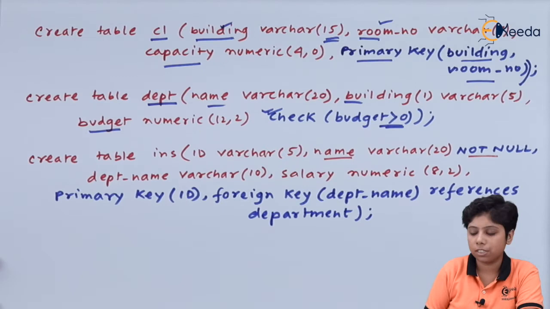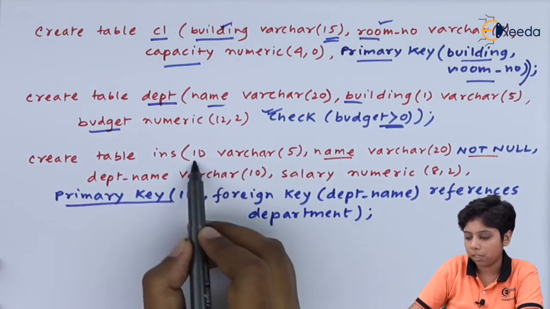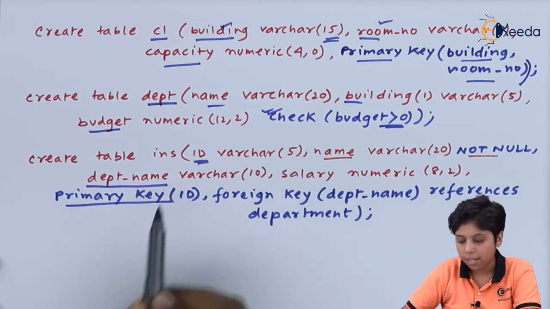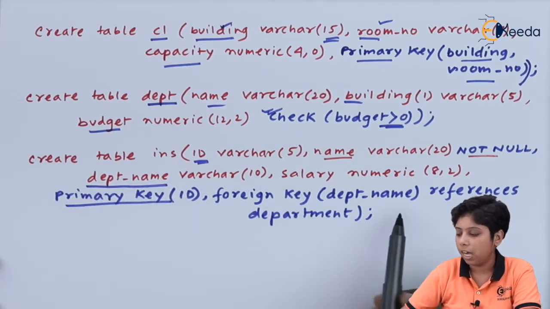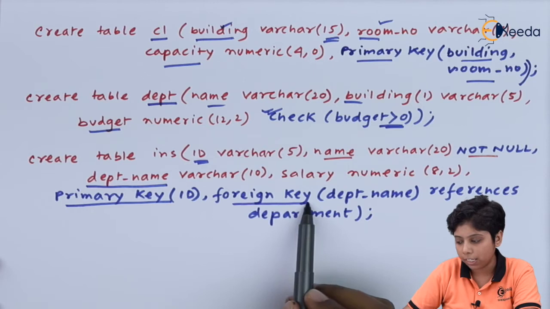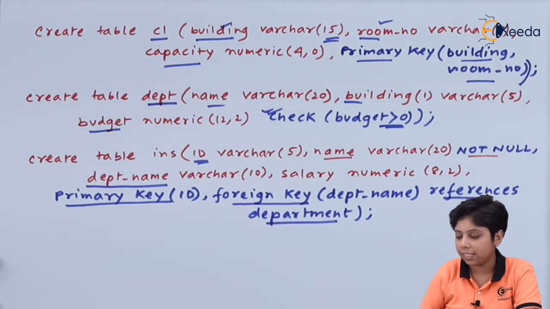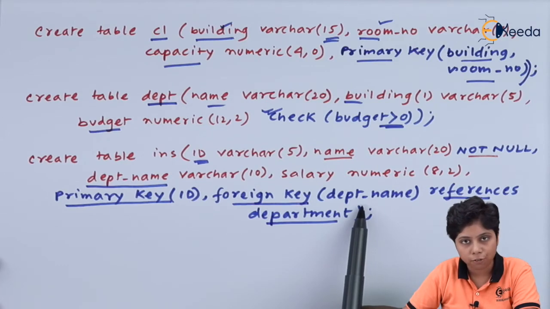So the last two constraints: one is a primary key, I'm making the ID the primary key, and now the department name that I have introduced, I am making it a foreign key that references the relation department. See here I have used only one attribute.